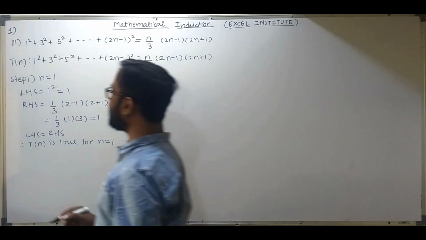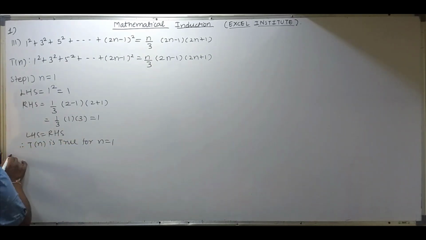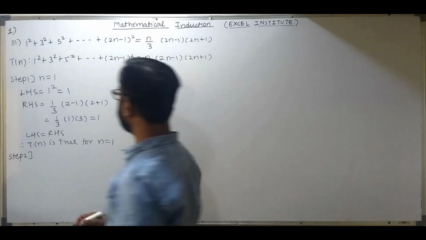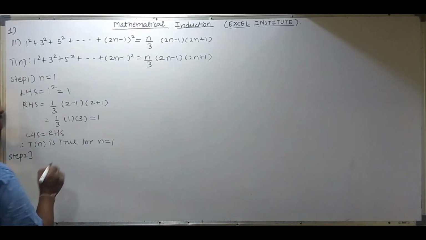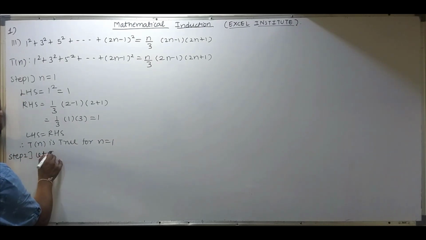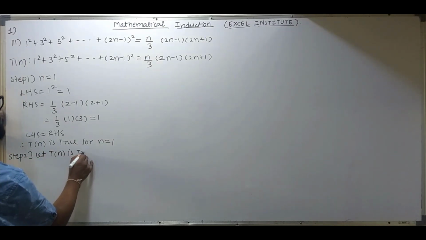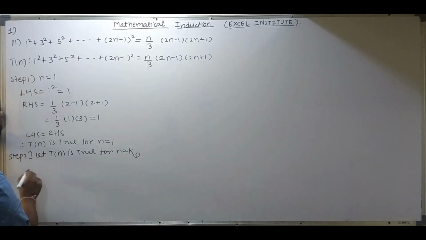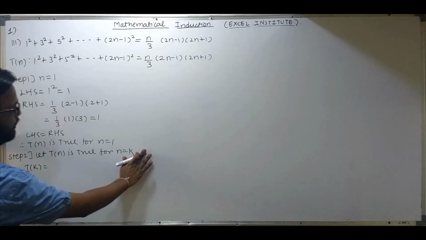Second step is always an assumption. Step 2 is always an assumption. So what assumption do we make here? Let T of n be true for n equal to k. So we just replace n by k.